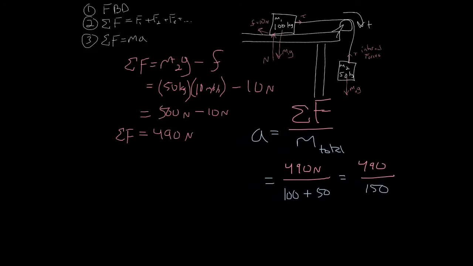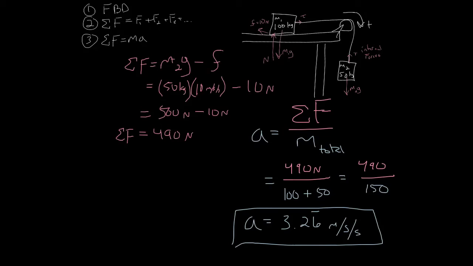So my acceleration is 490 divided by 150, and of course I couldn't pick nice numbers, but that's okay. Grab my calculator, divide it out. I get 3.26 repeating, or about 3.27 meters per second squared. That is the acceleration of my system.